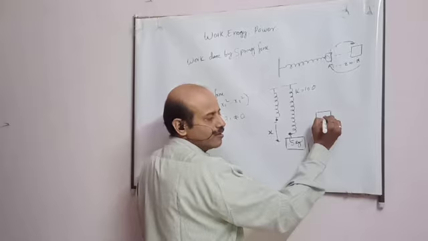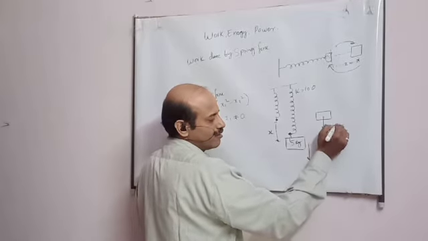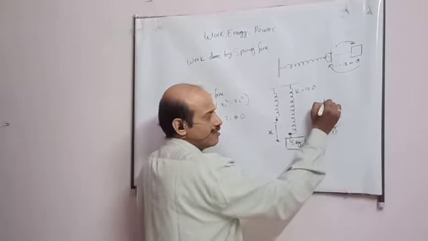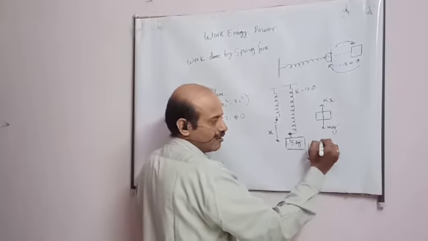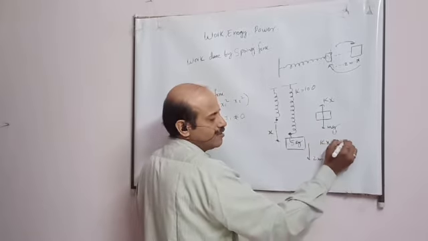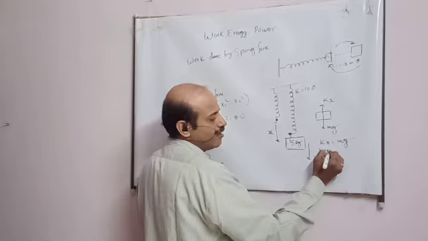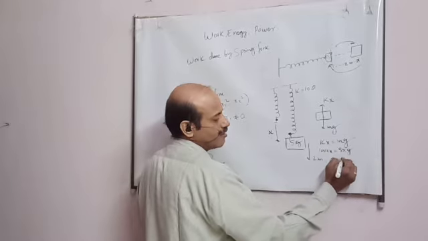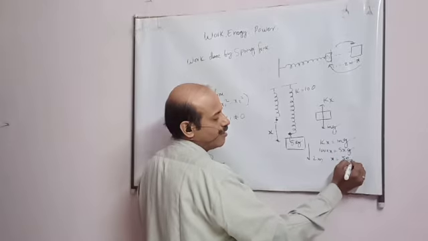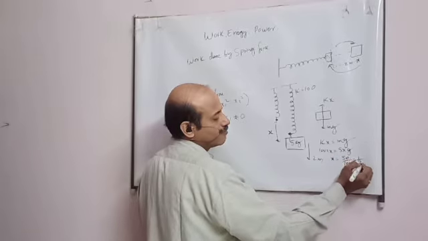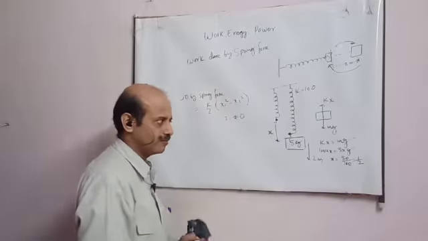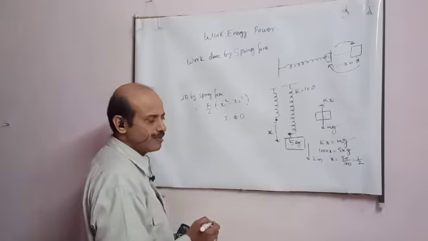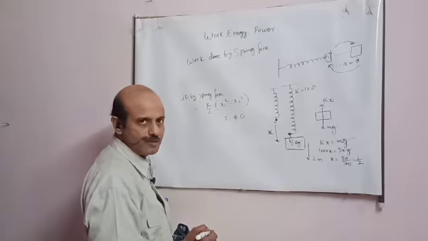If you draw it, this is mg, this is at rest, this is kx. So kx is equal to mg, student, k is 100, m is 5, g is 10, so x is 50 upon 100, so it is half. So this half is the initial position of the spring, student.